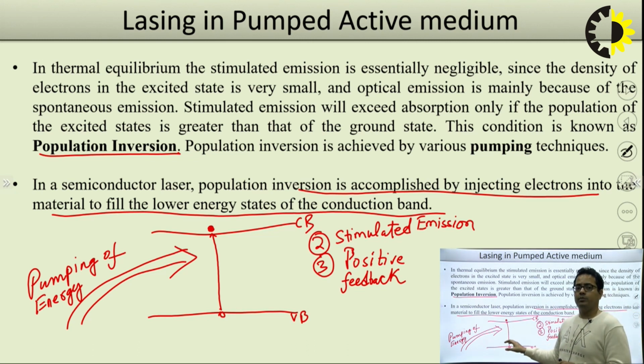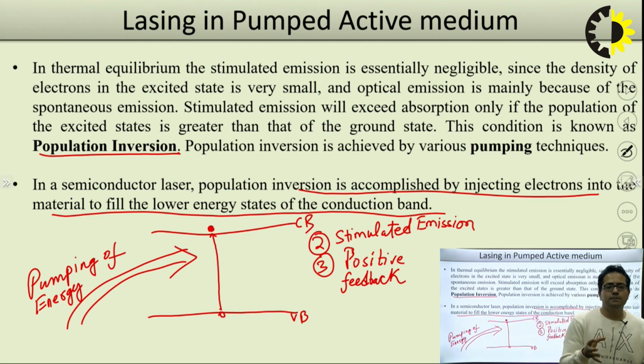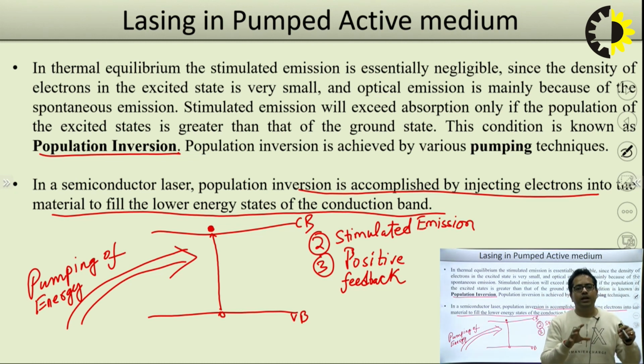Now the third and final process is called positive feedback. I have already told you that a laser has a cavity, that means a length of material, and at both ends, at both facets, you have a mirror.